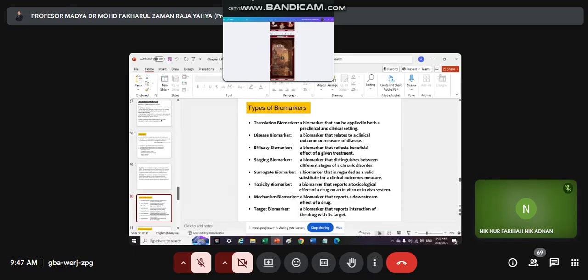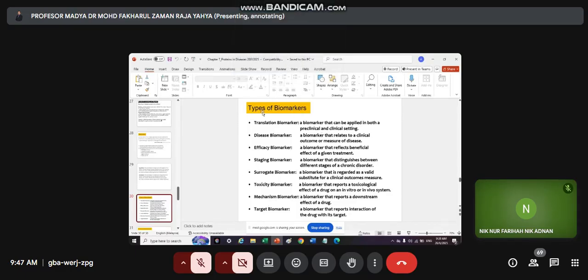Okay, different types of biomarkers. For example, translation biomarker and disease biomarker. So disease biomarker is about the one that can relate to clinical outcome or measure of disease. Okay.